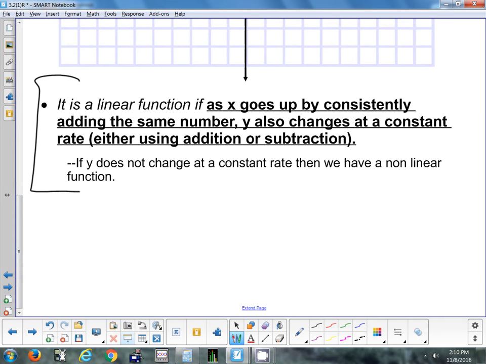If y doesn't change at a constant rate, then you have a non-linear function. In other words, if you drew it, it wouldn't be a line. Okay, so what we'll do is go through some tables, and all we're going to do is look at the table and figure out, is this table linear or not? And we're not going to need a picture.